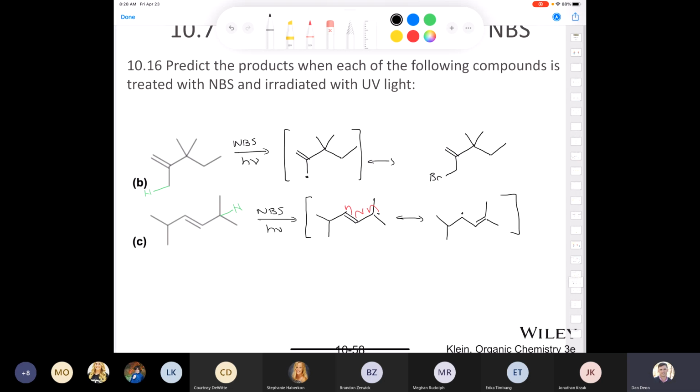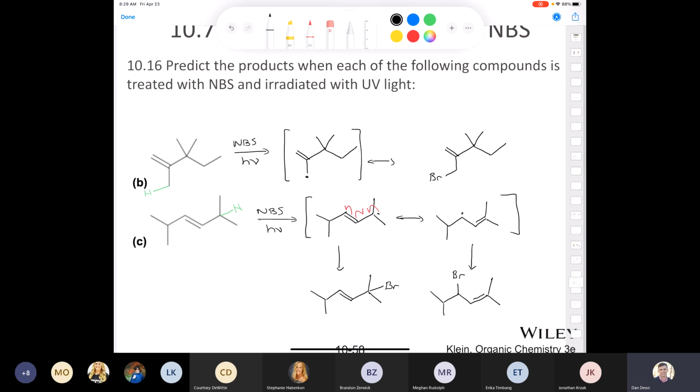These are the two resonance contributors. So I can do the halogen abstraction on either of these. If I do it on the one that's on the left, I'm going to end up with this compound where I have the bromine installed here. And if I do it on the one on the right, I'm going to end up with this compound here. Like this.